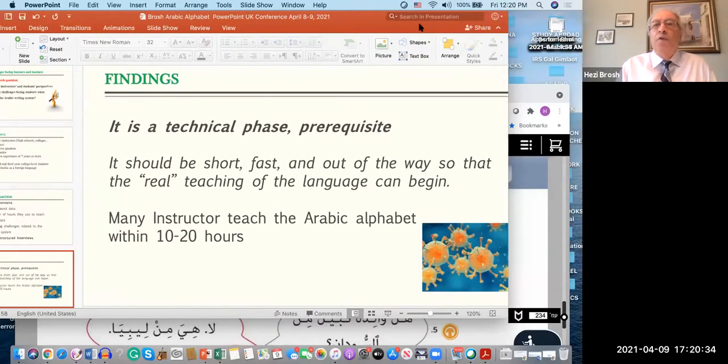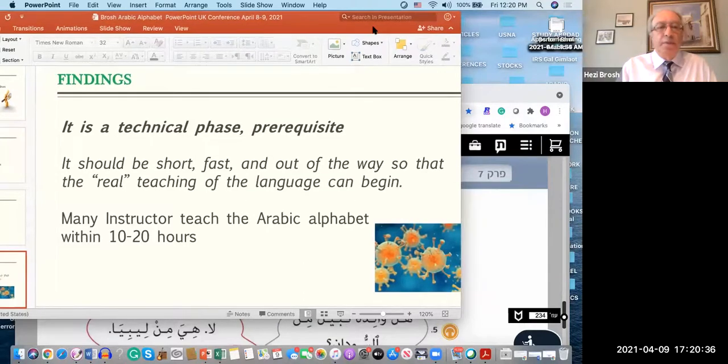So what I found, basically, I just want to go to the findings, and I will give you some quotes. The main idea: the Arabic writing system is a technical phase, and it's a prerequisite for teaching Arabic. And listen, I got things like this.